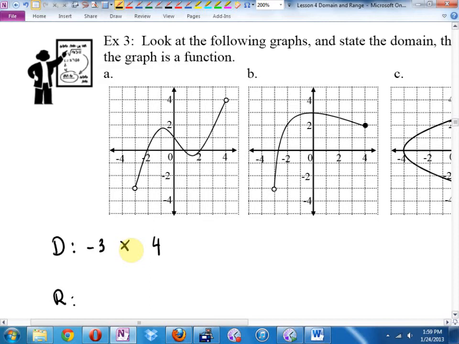I want to say that x is bigger than -3 because it is all the x's to the right of -3. At the same time, I want to say that x is less than 4 because it is all of the x values less than 4. Here's how you write it. You put a less than sign there and a less than sign there. I'm going to write that down and I'll show you how that works.